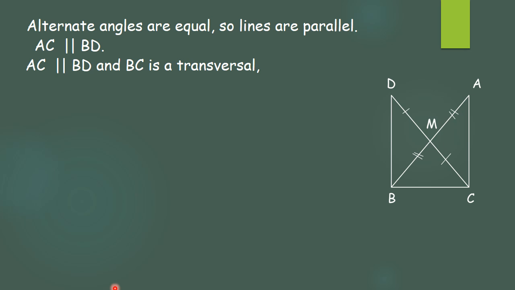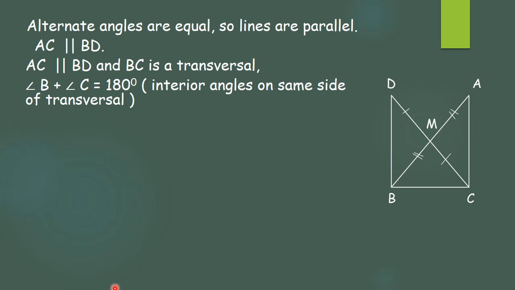It means angle B plus angle C is equal to 180 degrees. Now C is given as 90, so B plus 90 is 180. It indicates that angle B is 90. They have asked us to prove that angle DBC is a right angle, so we have proved the second result.